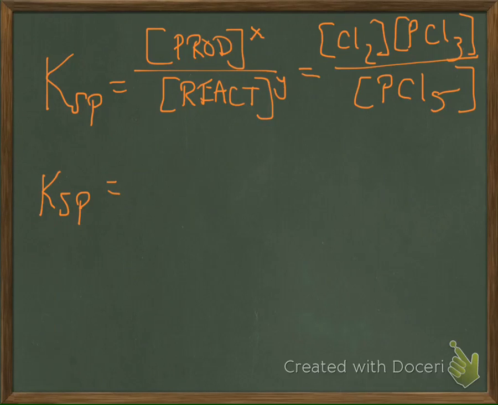So if I move to my next page, if you recall from earlier in the packet, K is equal to the concentration of the products raised to their coefficients over the concentration of the reactants raised to their coefficients, and in this case that's Cl2 times PCl3 divided by PCl5, all to the first power because of their coefficients. And all we have to do is plug in the values from our equilibrium boxes. So for Cl2, that was 0.002.